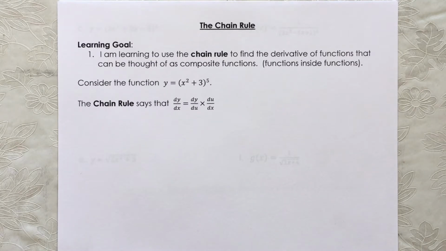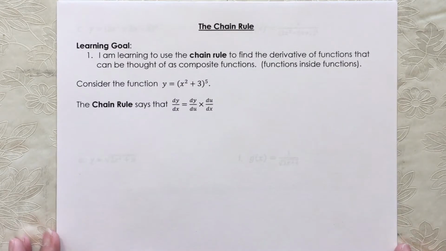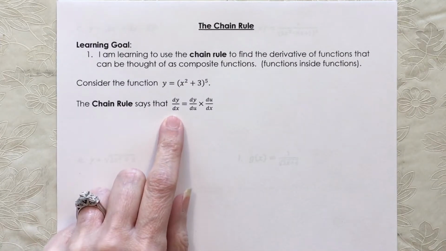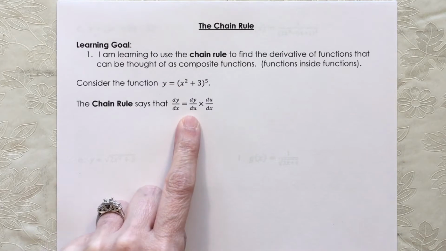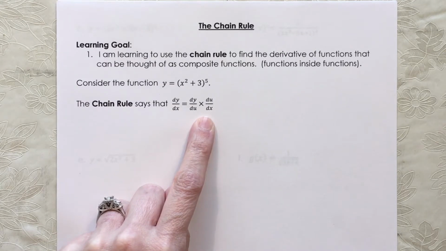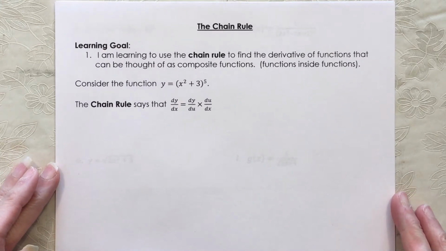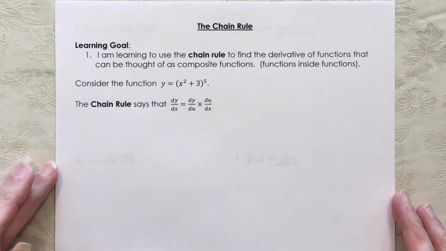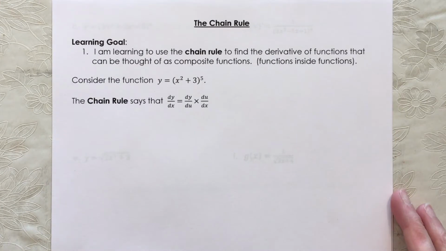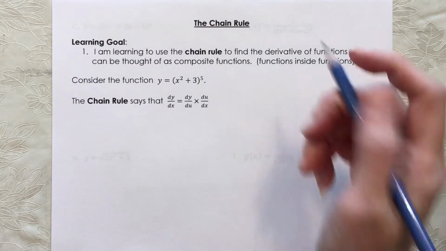The chain rule says you can find dy by dx, which is y prime, by taking dy by du and multiplying it by du by dx. So it's suggesting a u substitution here, which is how you can see how the chain rule works, and then we'll make it easier to do.